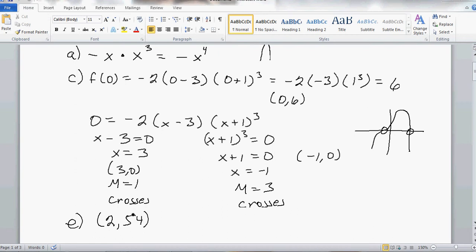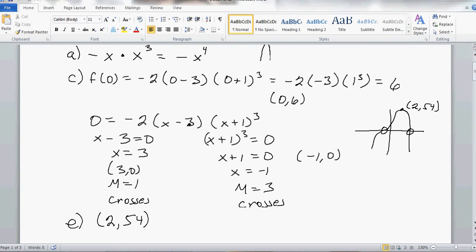Now F says use this in order to complete the graph by hand. So what I'm going to look for is, is it crossing here at -1, 0? Is it crossing here at 3, 0? Is this highest point here 2, 54? Does it have the general shape as what was shown in the graphing calculator?